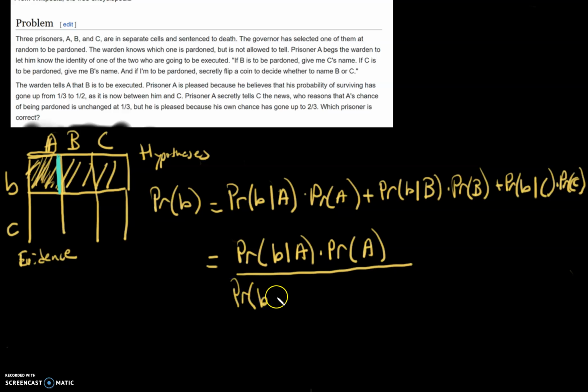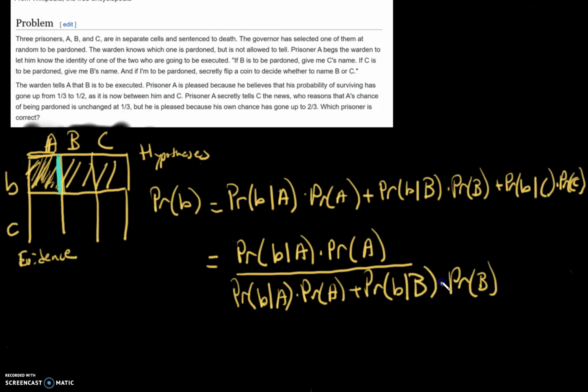Probability the warden would say B, given A, times the probability of A, plus the probability the warden would say B, given B will be pardoned, times the probability that B will be pardoned, plus the probability the warden would say B, given that C will be pardoned, times the probability of C. And what did I say that this whole expression would be equal to?